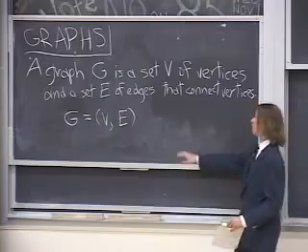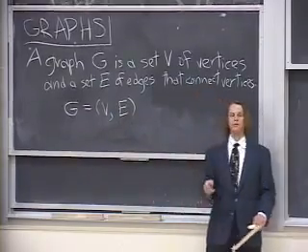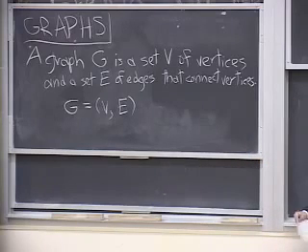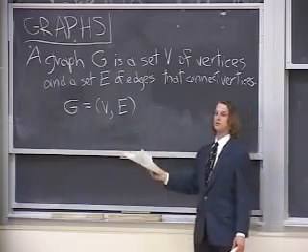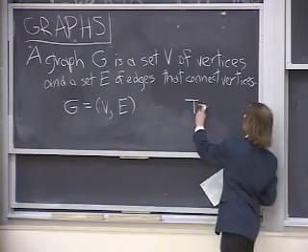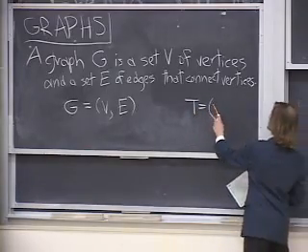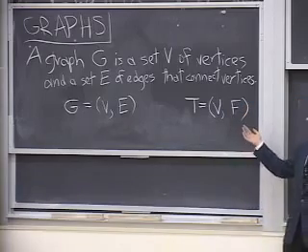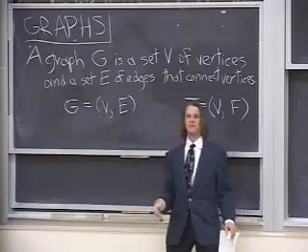The reason why you might find a notation like this useful sometimes is it's handy when you want to, say, have two different graphs that have the same set of edges. Like, for instance, on Friday, we'll talk about the spanning tree of a graph, where you might have another graph called T, which is a spanning tree, and maybe its vertices are V and its edges are F. And so this notation is a way of just representing the fact that this graph and this graph have the same vertices, which is handy sometimes.